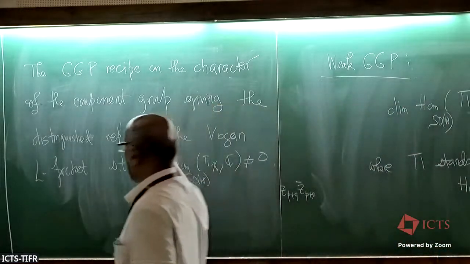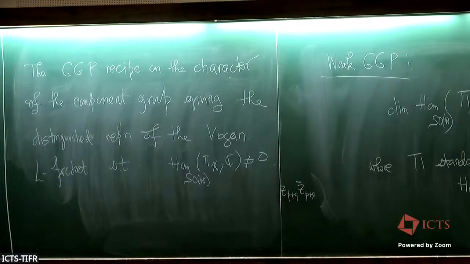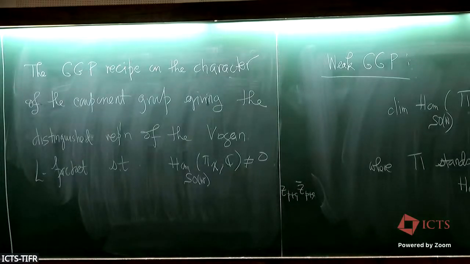So to a character of the component group, there is a representation pi_chi. That is the refined local Langlands correspondence. Character chi of the component group has a pi_chi, uniquely determined. It determines a group and a representation. So we need to construct a character of the component group that I have called chi.